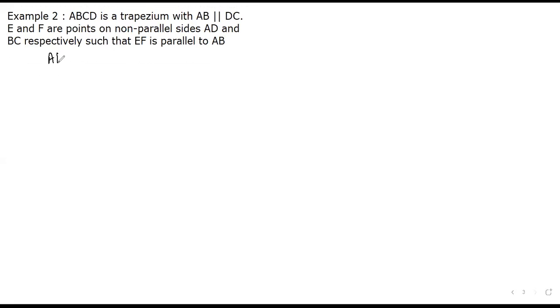We have to show that AE upon ED is equal to BF upon FC.